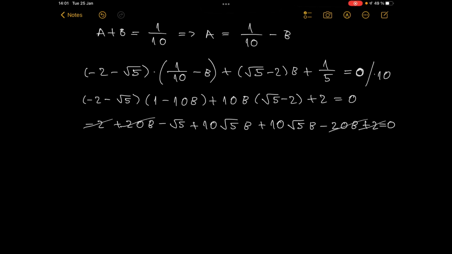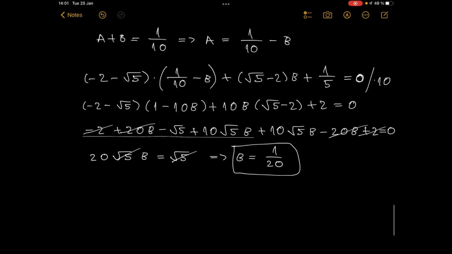And we'll get that 20 square root of 5 times b is equal to the square root of 5. We can cancel out the square root of 5s. And from here, we get that b is equal to 1 over 20.